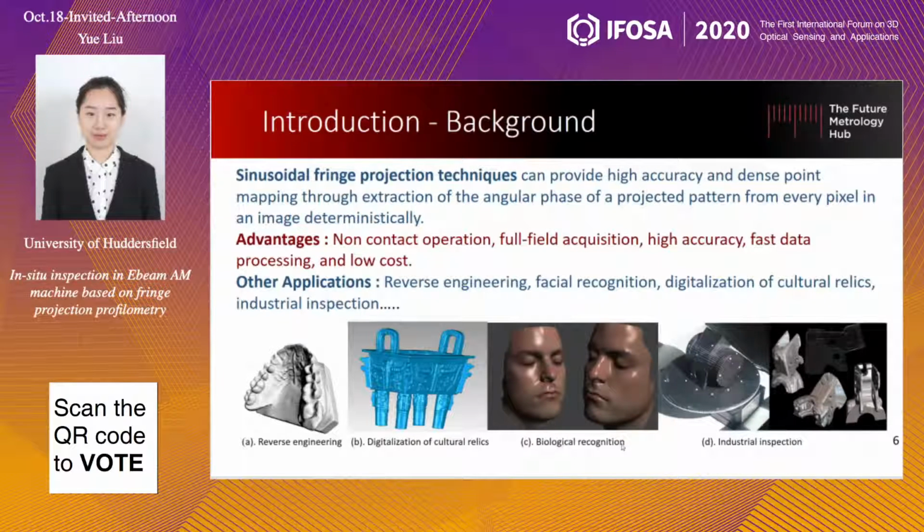It also has many advantages like non-contact operation, full field acquisition, high accuracy, fast data processing and low cost. It can also be used in other applications like reverse engineering, facial recognition, and industrial inspection.